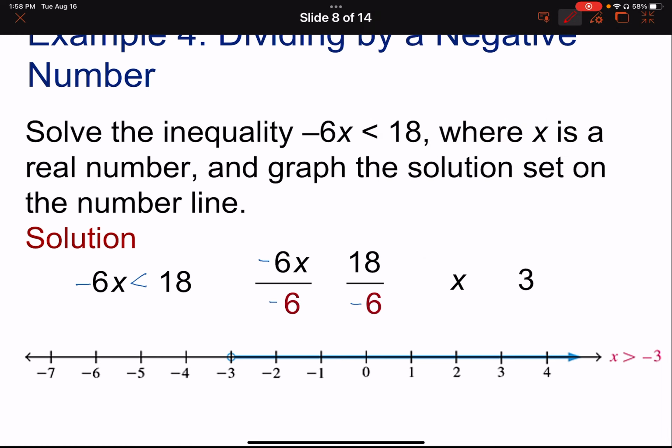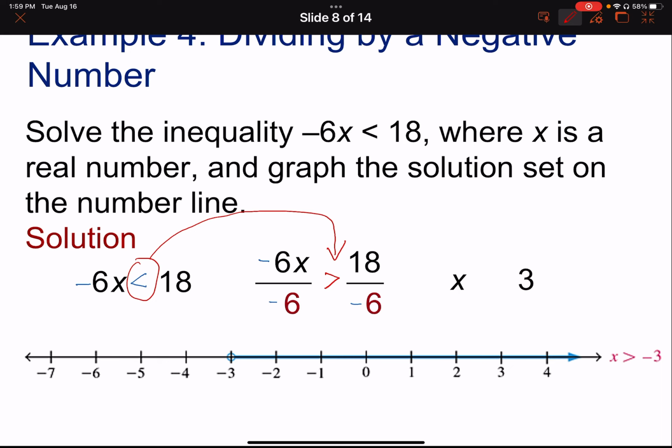Because we divide both sides by negative 6, we need to reverse the direction of the inequality. So the less than, if we reverse its direction, becomes greater than. That's the only thing that we really need to pay attention to.